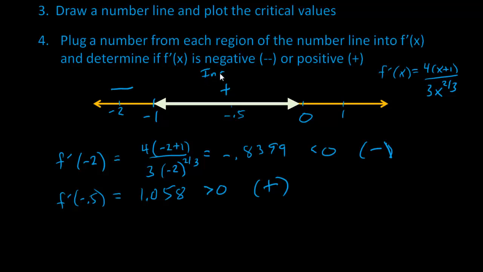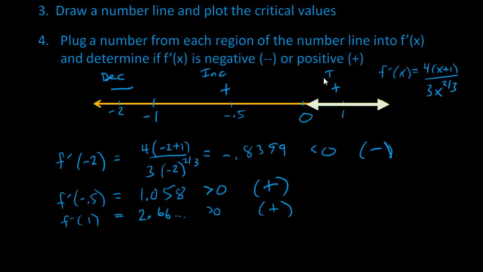Recall that positive means increasing, negative means decreasing. Now if you plug 1 in, you get 2.66 repeating, which again is positive. So we're going to put a positive here, and so that's also increasing.